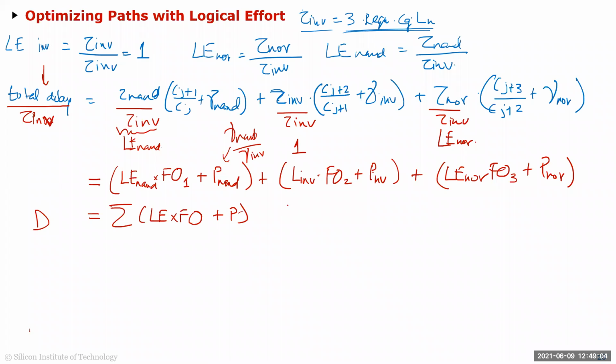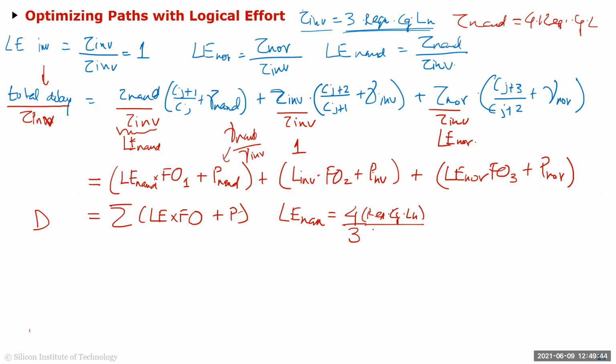So now we have derived, for example, that tau of NAND is 4 times R equivalent CGLN. So then I can write LE NAND is equal to 4 by 3, because it's 4 times R equivalent CGLN over 3 times R equivalent CGLN.